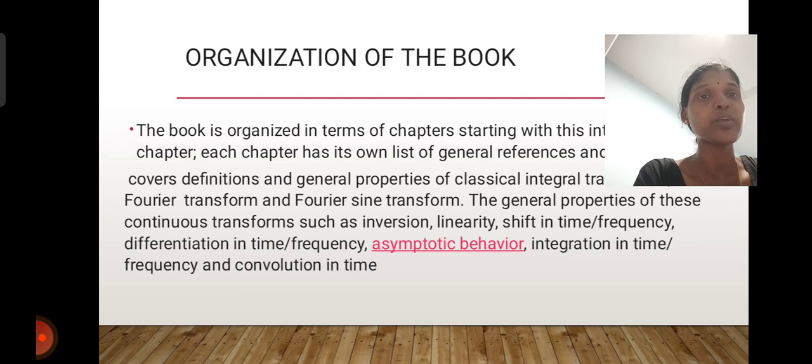The general properties of this continuous transform include integration and linearity, shift in time and frequency. It also has differentiation in time and frequency, asymptotic behavior, integration in time and frequency, and convolution in time.